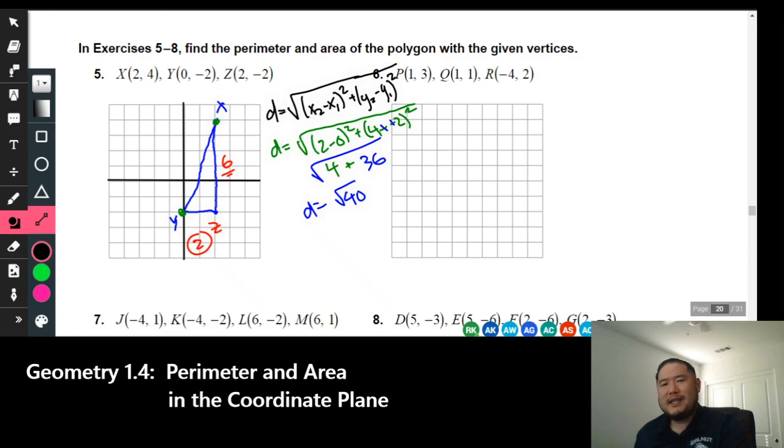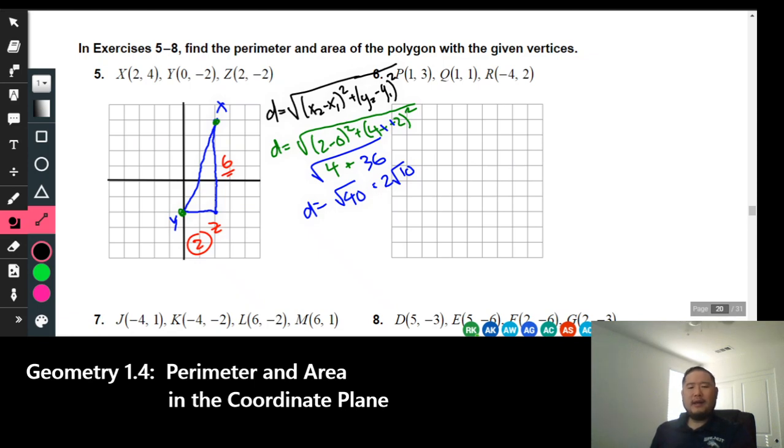If they ask for an exact answer, we would need to put this in simplest radical form, which would be 2 rad 10. But that's if we were to have an exact answer.